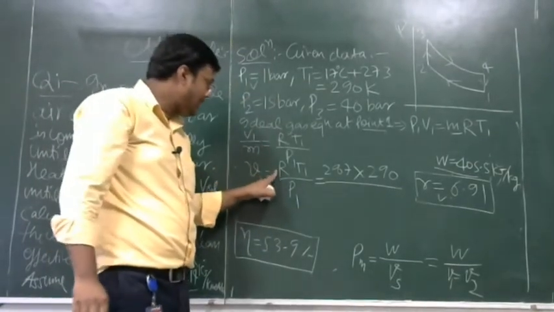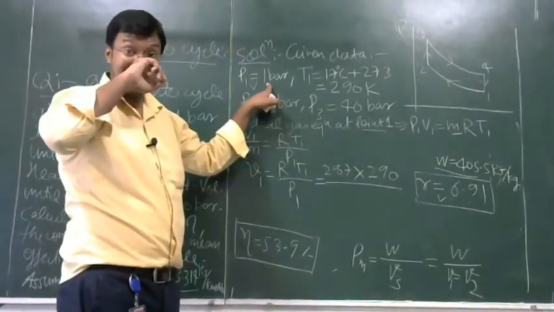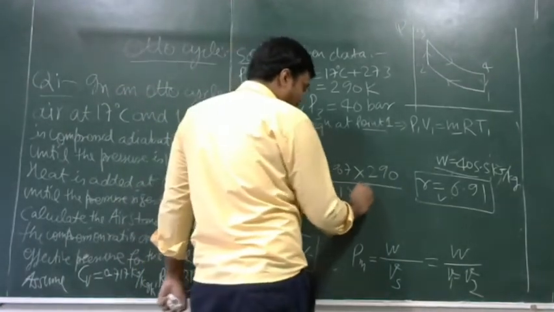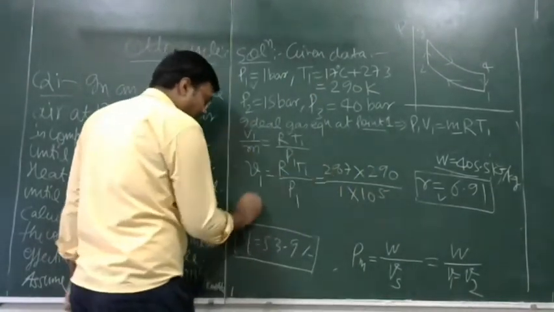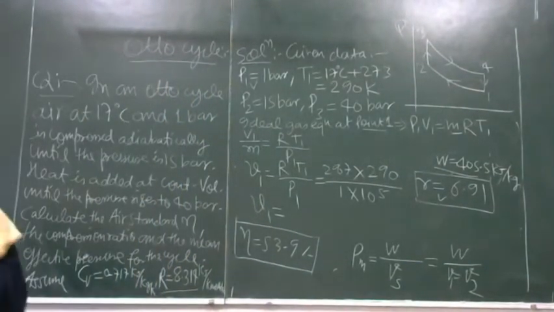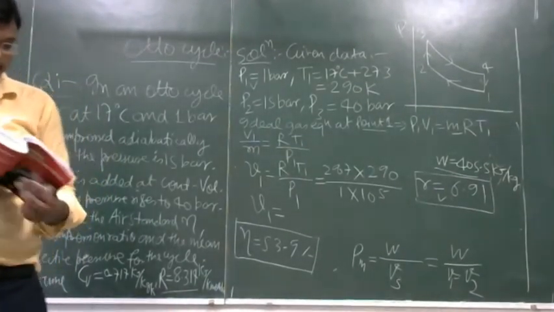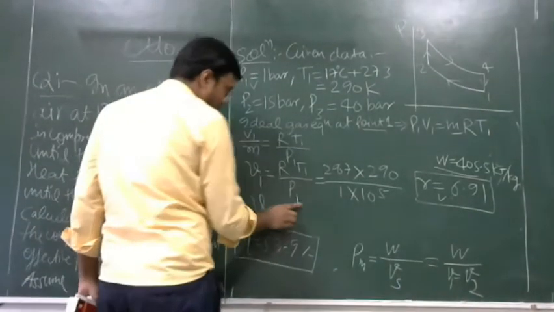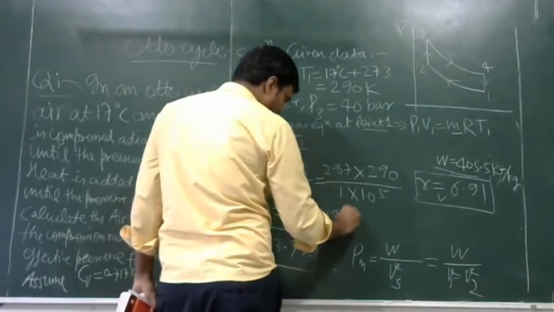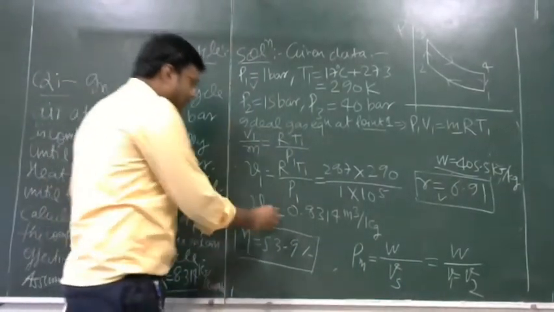As we are putting R in joules, we put P1 in Pascal: 1 bar equals 10 power 5 Pascal. After calculating, we get V1 equal to 0.8314 meter cubed per kg.